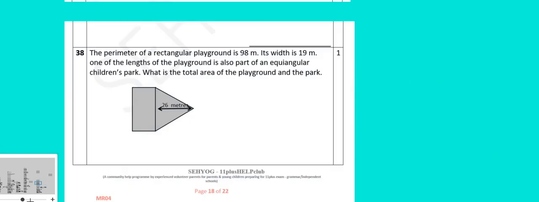Looking at our next sum, that is sum number 38. The perimeter of the rectangular playground is 98 centimeters. So the perimeter of this here is 98 centimeter. Its width is 19 centimeter. First, what we will be doing is the length plus the width, which is equal to half of the perimeter, which is equal to 98 divided by 2 equal to 49 meters.